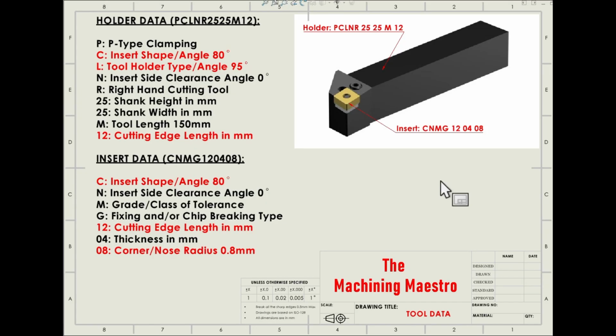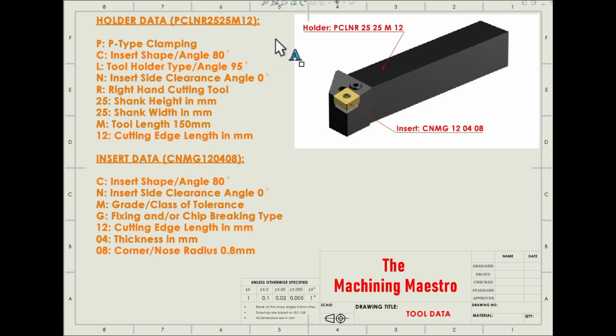Here are your tool details, and this is the tool in front of you. The total black portion is called the holder, and this yellow portion is called the insert. The holder name, as I told you, is PCLNR 2525 M12, and the insert name is CNMG 120408. PCLNR and CNMG have meaning: they are the ISO designation of the holder and the ISO designation of the insert.